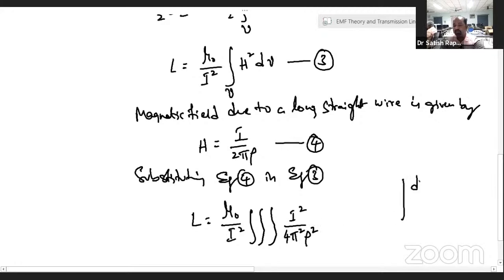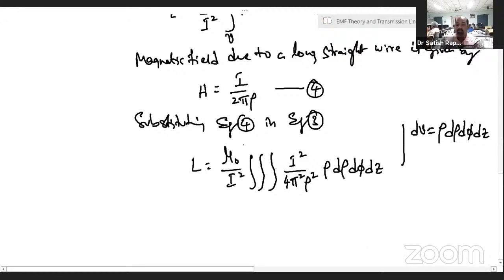What is dV? dV is the volume in cylindrical coordinates, which is given by rho d rho d phi dz.